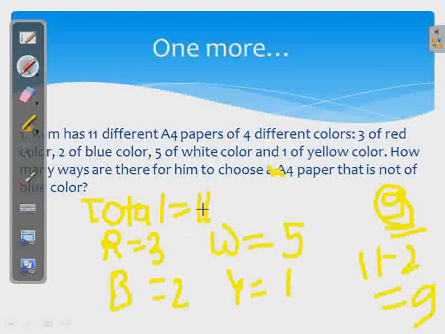What we do is we have the total and we subtract the number of ways we can choose blue, so that is 2, and 11 minus 2 is 9, so we get the answer. This is quite helpful for combinatorics problems, and it's also quite easy if there are quite a few terms.